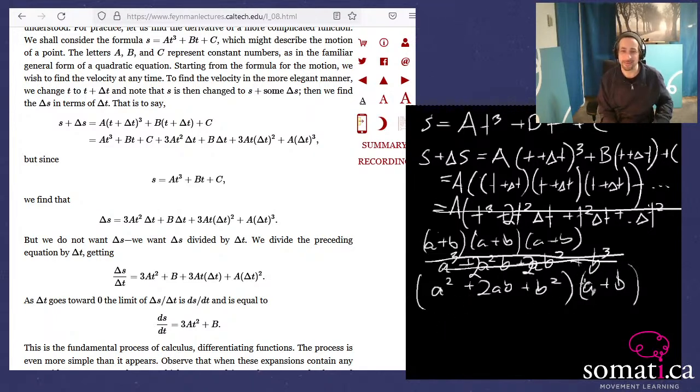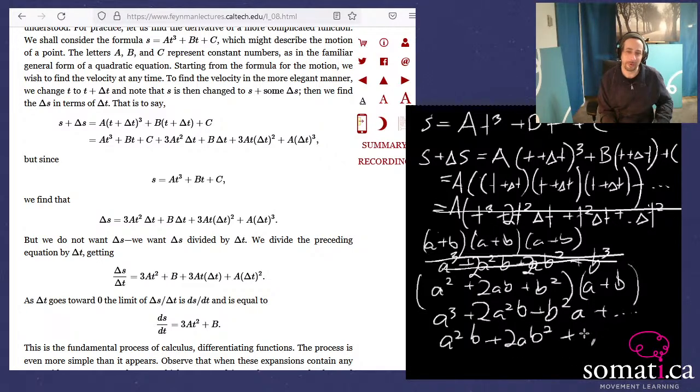So distribute the a. Okay, a cubed plus 2a squared b plus b squared a plus dot dot dot. Then a squared b plus 2ab squared plus b cubed. Okay, so then I have to group those.